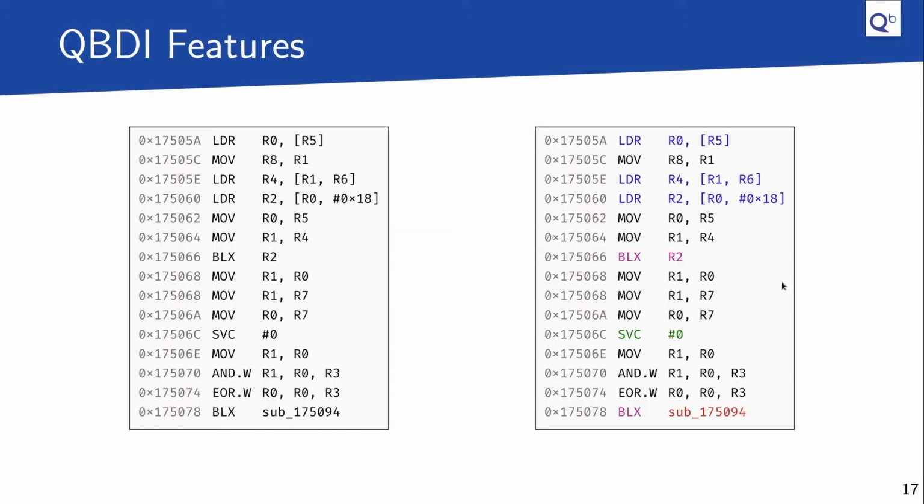This is why there is some functionality in QBDI that enables you to select a subset of instructions to instrument. For instance, you can say, I'm only interested in instrumenting branch instructions, or only memory access instructions or syscalls, and so on.